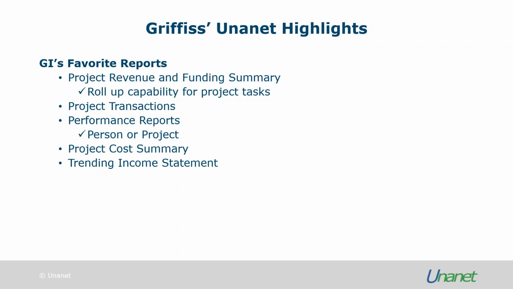So we can show funding and budget separately on this report. It has the roll-up capability for project tasks. So hopefully Chris will show you that when he goes through the demo, but it allows us to show maybe big picture to our board of directors and then detail for our project managers. And it's just the same report, just one toggle switch that allows you to go between different levels.